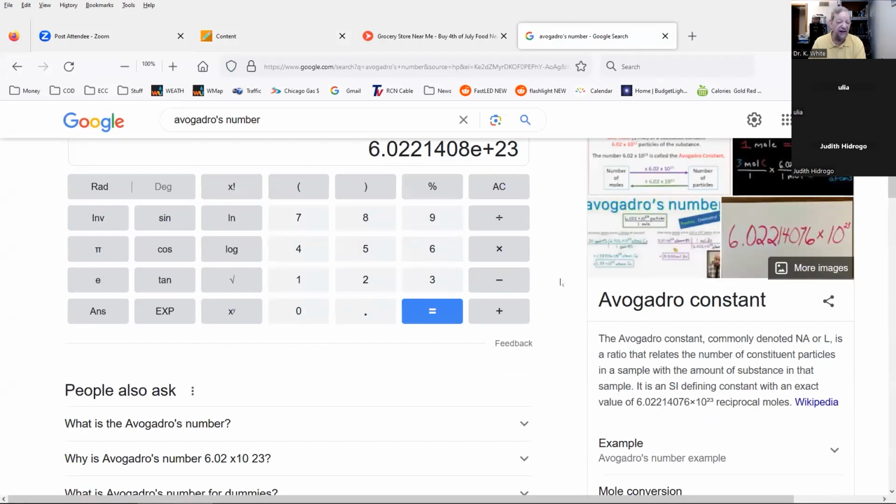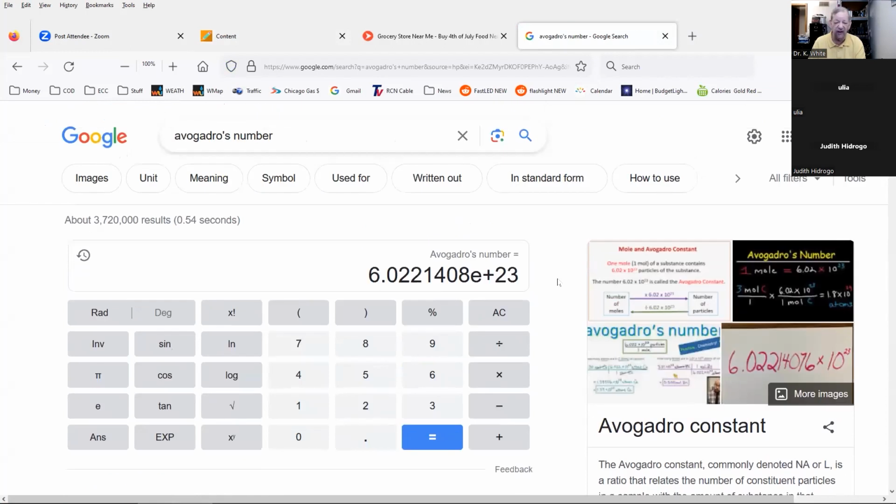And here someone has Avogadro's number, 6.0221408. That's 8 significant figures. Now, why would someone need that accurate? I have no idea. In my work, 6.02 works just fine.